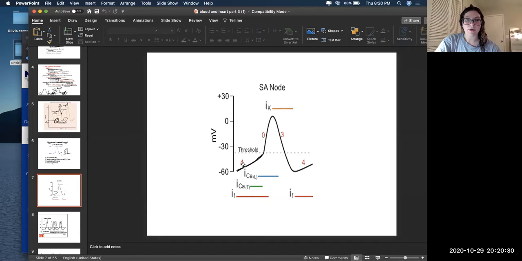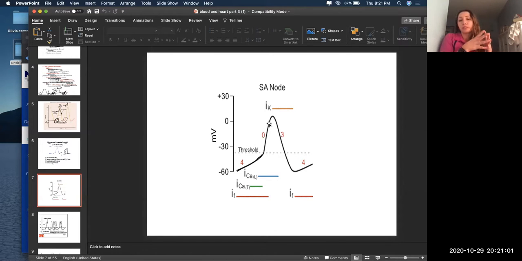Can you just repeat what you said before, like in the very beginning, the bundle of His and all that stuff? Where does that come in with this? Yeah, so we're talking specifically about the nodal cells in the SA node. The SA node is the first part, and it's called the pacemaker because it depolarizes at a quicker rate than all the other bundles of nodal cells, which depolarize much slower.